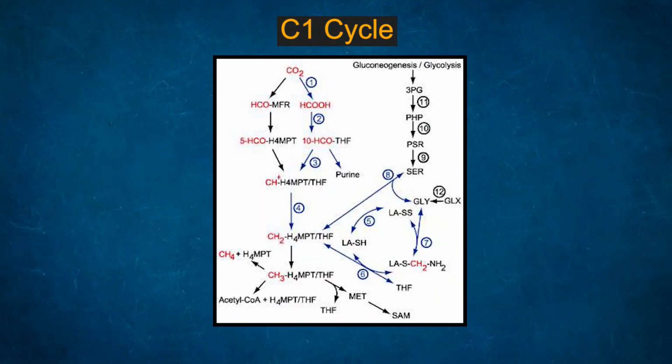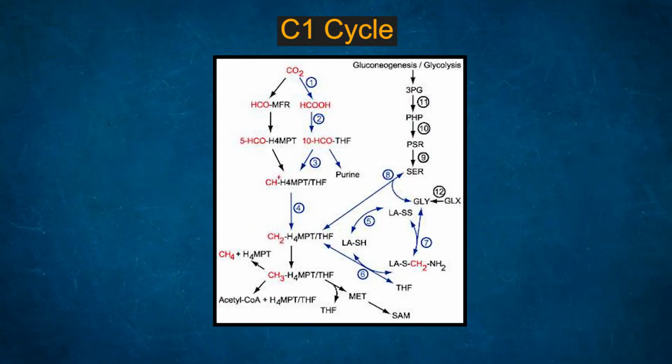The process is like this: when carbon dioxide is fixed, it produces methanofuran or MFR, which is gradually converted to H4-MPT, a derivative of methane called tetrahydromethanopterin, and gradually this will bind with another compound, tetrahydrofolate. Finally, it will be converted to methionine and it will produce amino acids like serine or glycine.